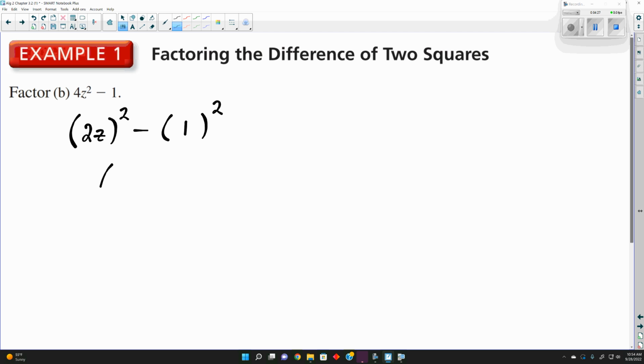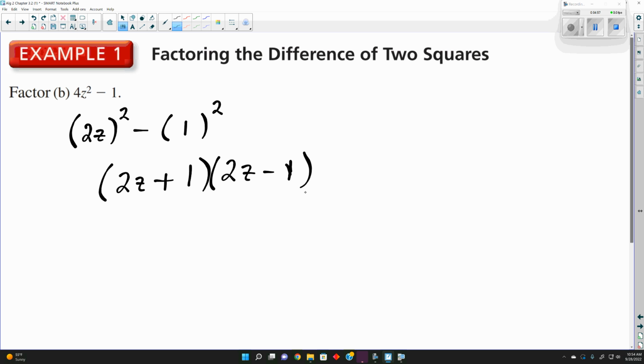So this factors 2z, then our sign, 1, and then 2z minus 1. Could we have put 2z minus 1 first? Yeah, the order in which we put this really doesn't matter, because we could have 2z minus 1 times 2z plus 1. It'll be the same thing.